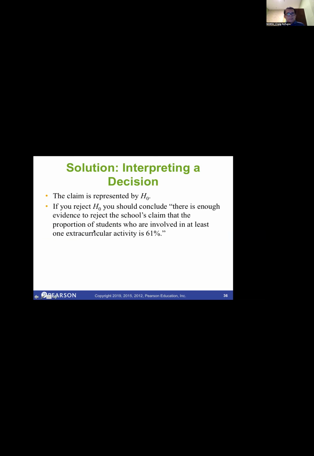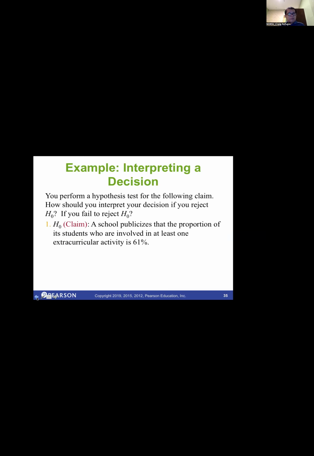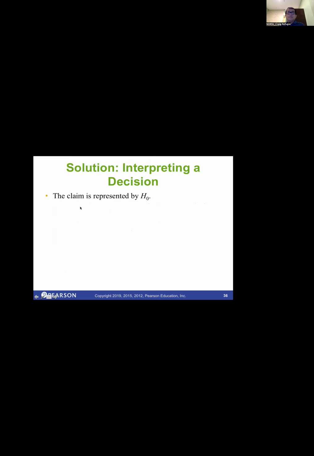That the proportion of students who are involved in at least one extracurricular activity is 61%. So take note that the claim is H0. The claim is H0 at the very beginning. I'm going to repeat for emphasis: H0 is the claim. In the scenario, the claim is represented by H0.